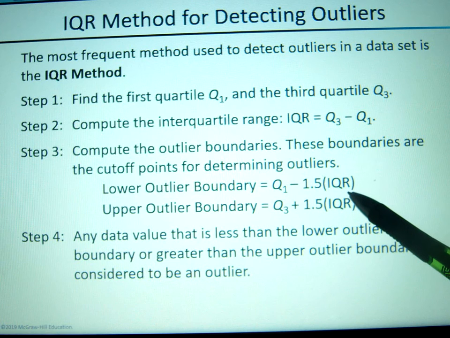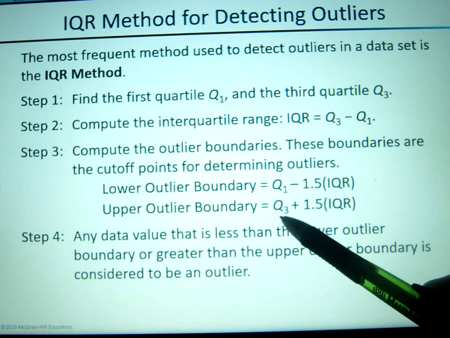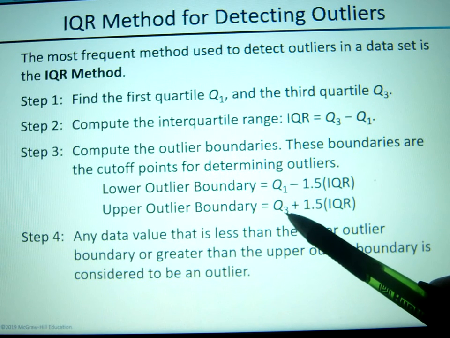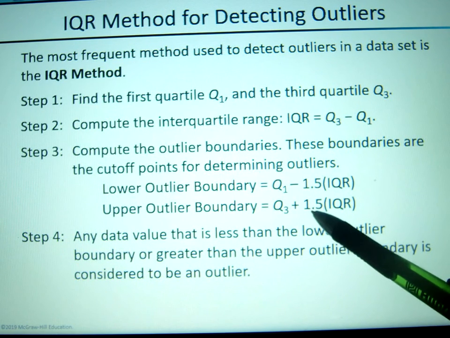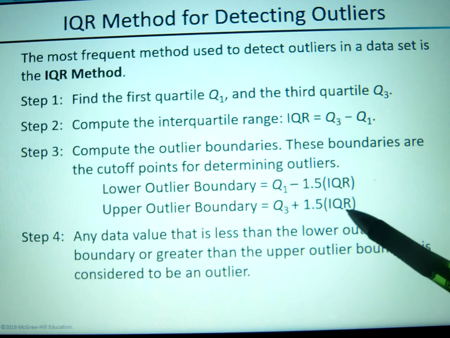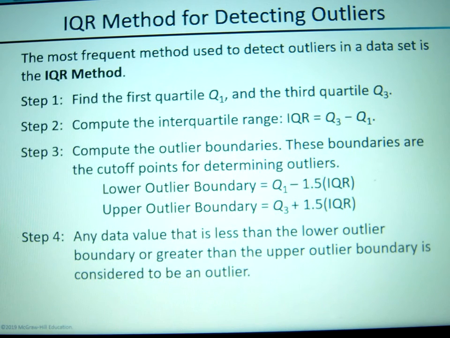If there's anything smaller than that, you can say it's a low outlier. For the upper boundary, you're going to take your Q3 and add 1.5 times the IQR. That will tell you if there is an upper outlier.